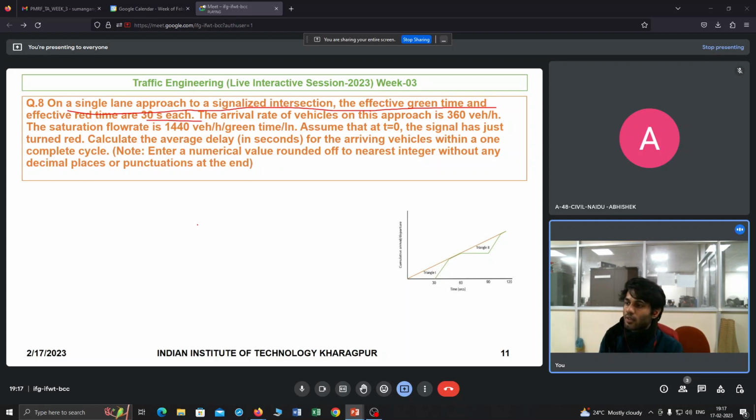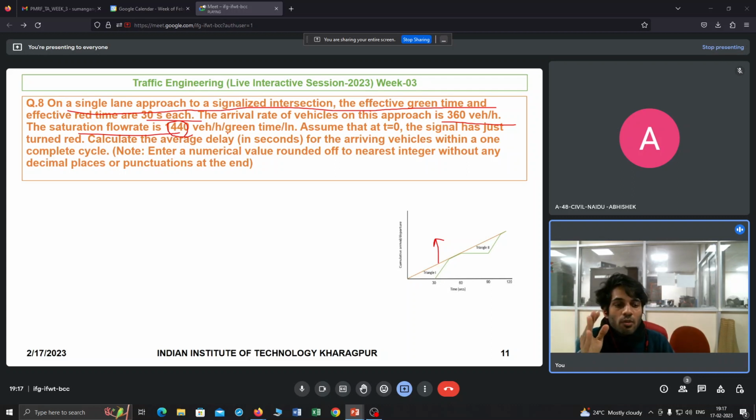It is all effective time. The arrival rate of vehicles is 360, so per hour 360 vehicles are arriving. And your saturation flow rate, meaning after your signal turns green, is 1440 vehicles per hour of green time, because vehicles will be departing only during the green time.